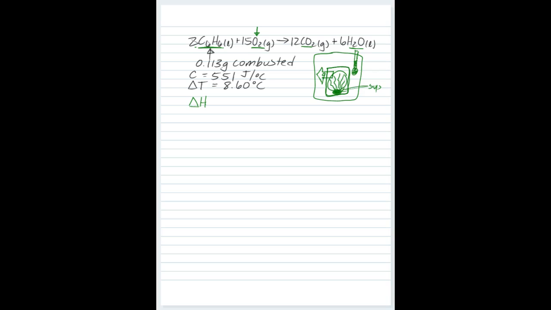So every time this reaction occurs, you're also using up some gas. If you look at the stoichiometry, you're using up 15 moles of oxygen to give off 12 moles of carbon dioxide and 6 moles of water in arguably a liquid form. That's what this says. However, depending on the temperature, it could also be vaporized.